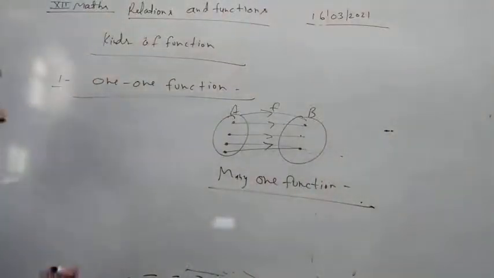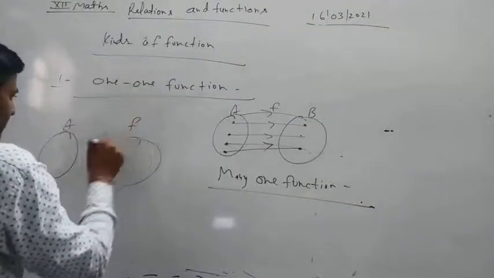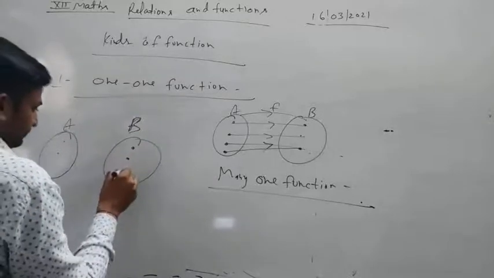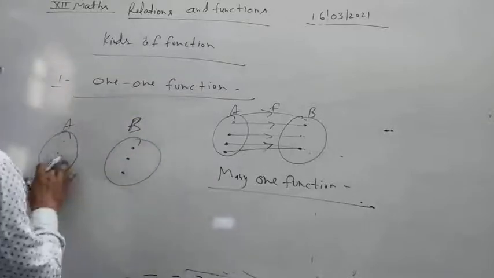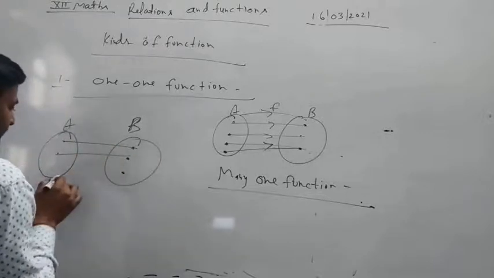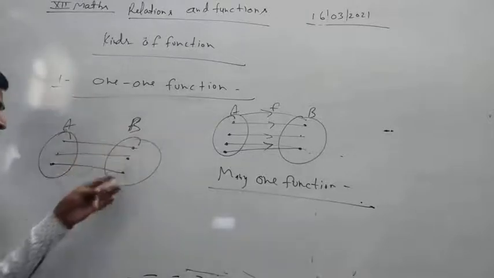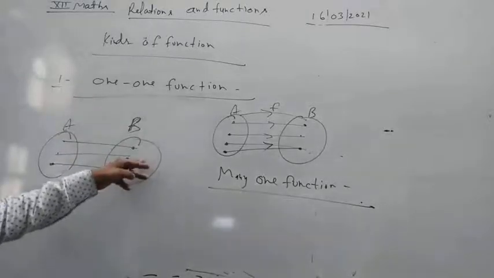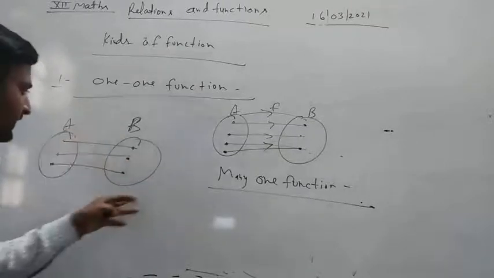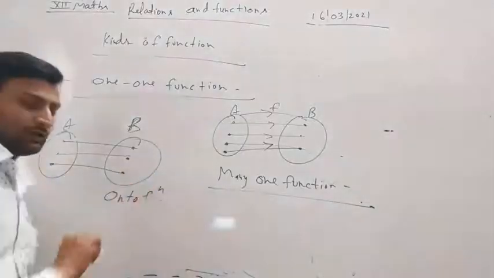Now, students, we are taking another example. Set A and set B, and each element of set B has a pre-image in A, then this type of function is called an onto function.